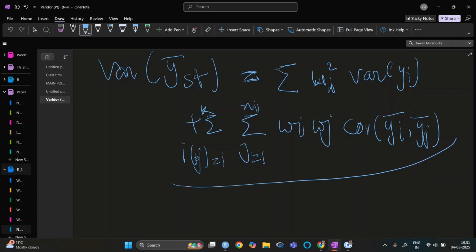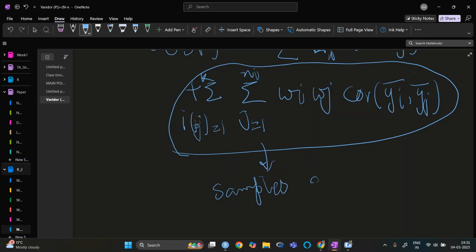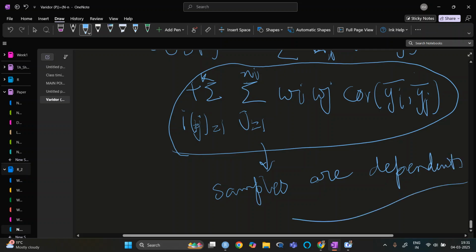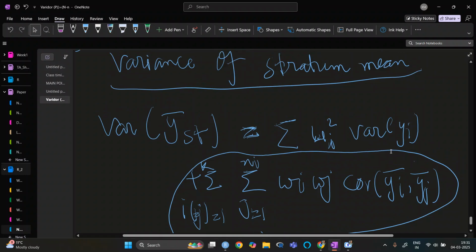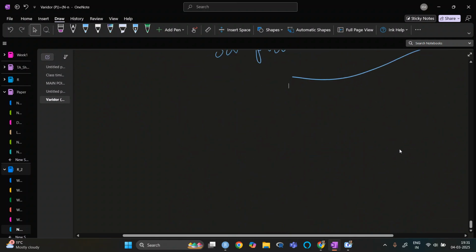Now this happens when the samples are independent. If you are taking the n in terms of being independent, then covariance will be 0.